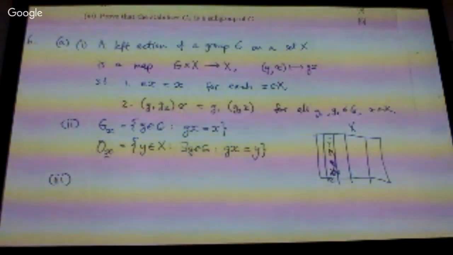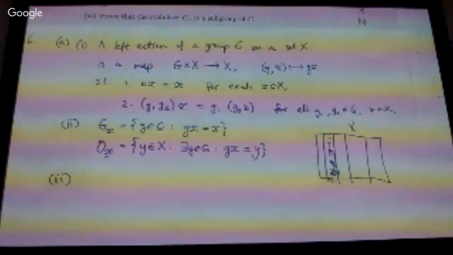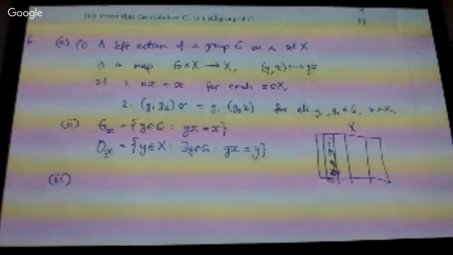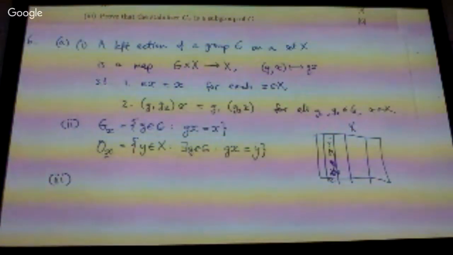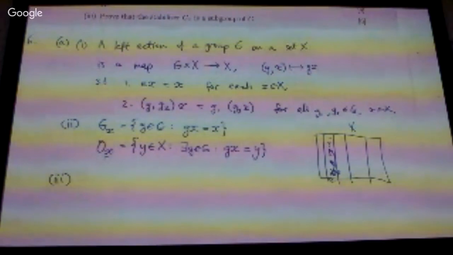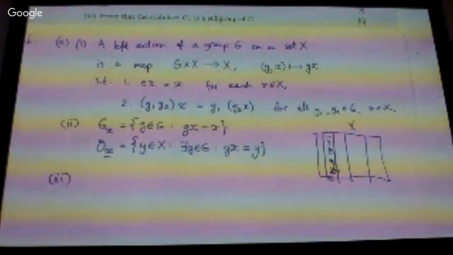Back to clarity. There are three conditions that we want. The identity is in GX, no matter what X is. For two elements in GX, their product is in GX. And for anything in GX, its inverse is also in GX. So let's do that.